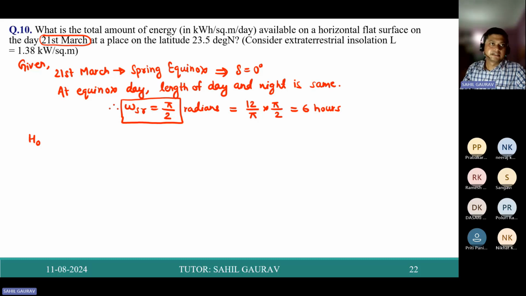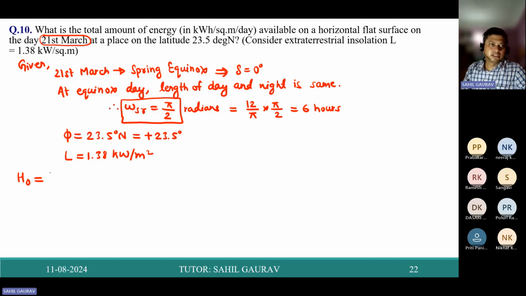And one thing also here they have given in the problem, that is latitude. So latitude angle is given 23.5 degree north. So we have to take it as positive 23.5 degree. And this extraterrestrial insolation is given as 1.38 kilowatt per meter square.